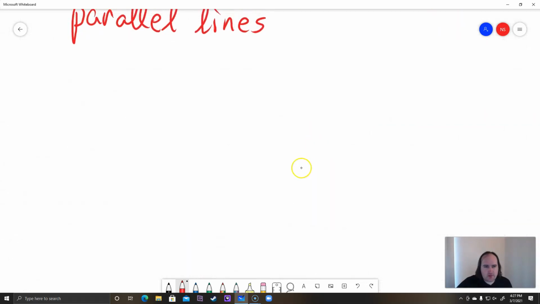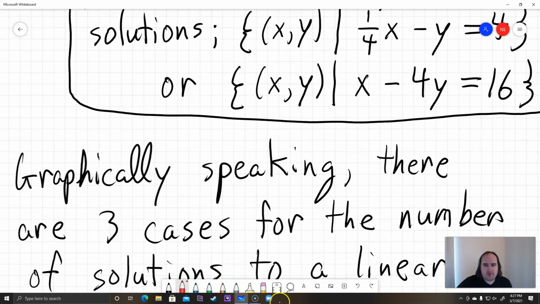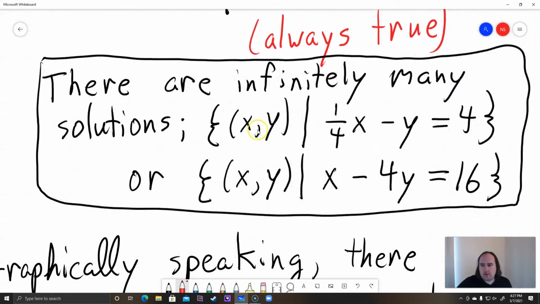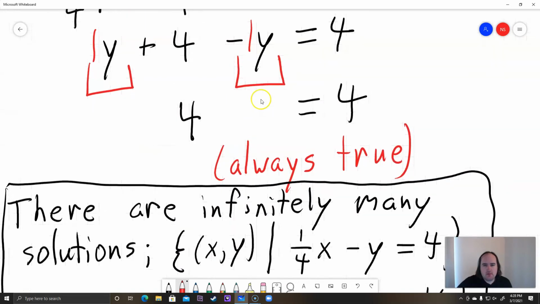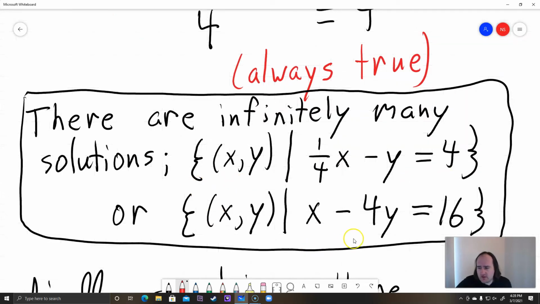And then for example number 5, we saw the third case. And we said there were infinitely many solutions because 4 equals 4 is an equation that's always true. The number 4 always equals itself. So this is always true. So I said there are infinitely many solutions, and we can use either of the equations because they're basically the same line. They're lines right on top of each other.